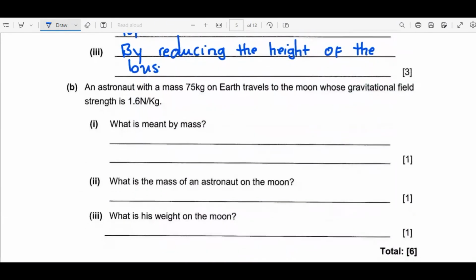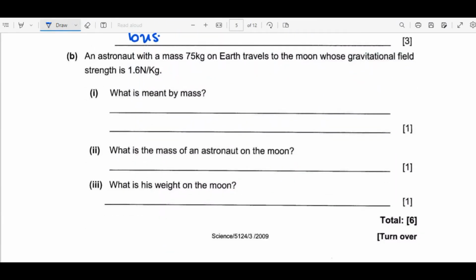Now we move on to question B. An astronaut with a mass of 75 kg on Earth travels to the moon, whose gravitational field strength is 1.6 newtons per kg. What is meant by mass? So mass is the total amount of matter contained in a substance.